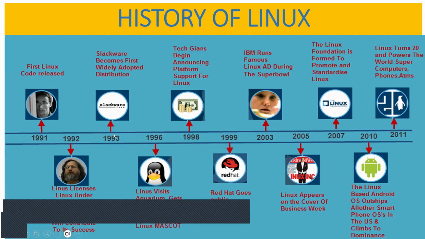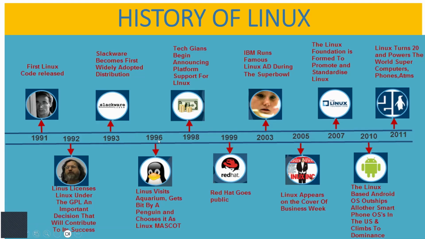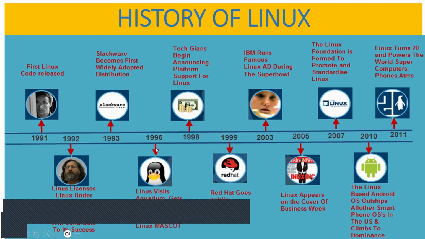In 1993, Slackware became one of the first widely adopted Linux distributions, making Linux more accessible to users. In 1996, Linux got its famous mascot, Tux the Penguin, inspired by an incident involving Linus Torvalds.